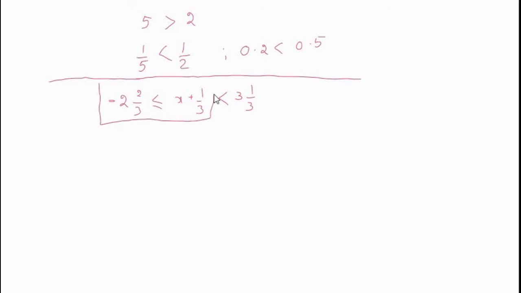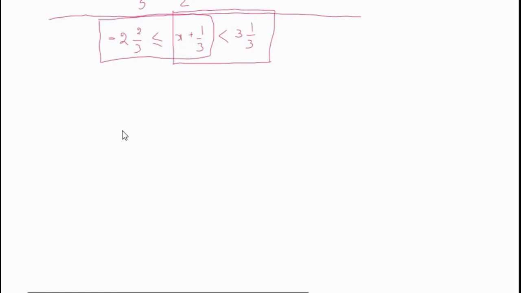Now first let us take these two expressions and this less than or equal to inequality sign and solve for x. After solving that, let us take the next two expressions and solve, and then let us combine the answers.